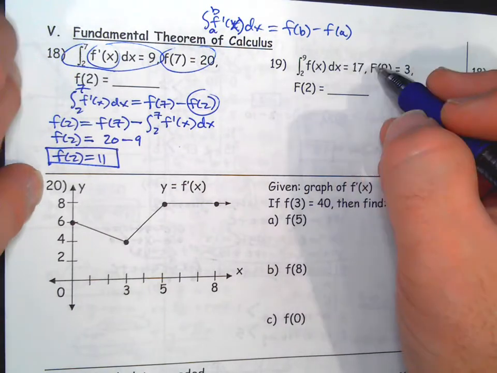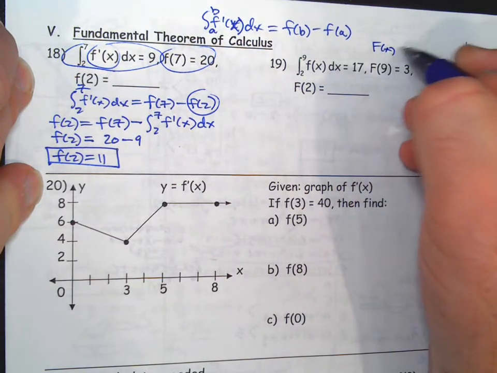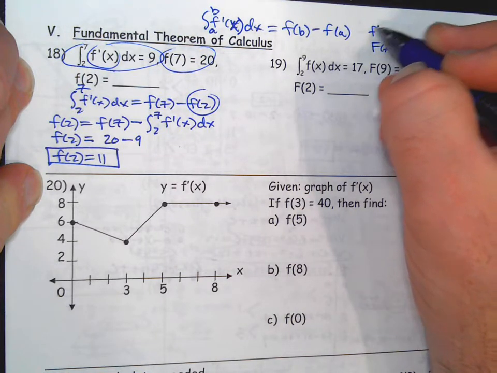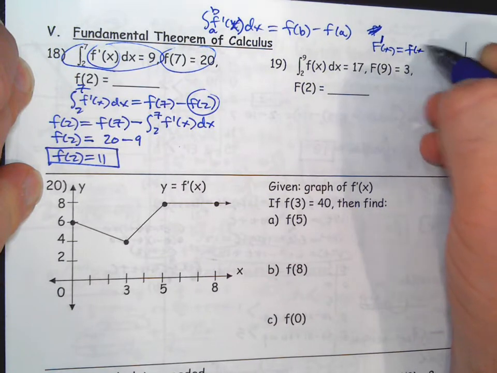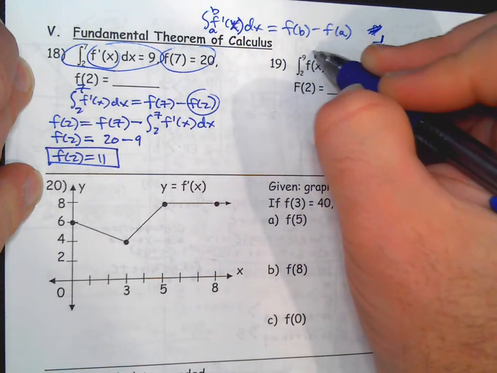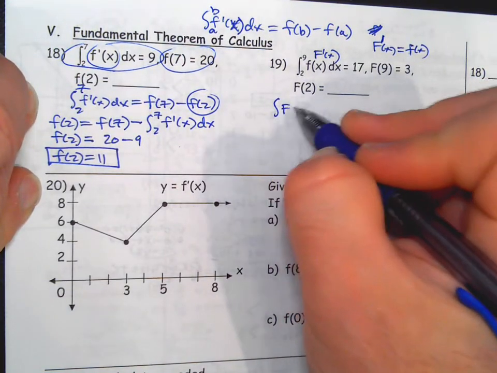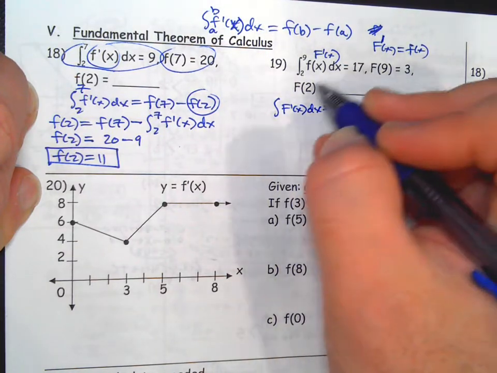This one right here is the capital F. The derivative of capital F equals little f. I probably won't do this to you, but this is the same thing as f prime in here. So if we integrate f prime of x dx, we should get the original function. Let's use 2 and 9.